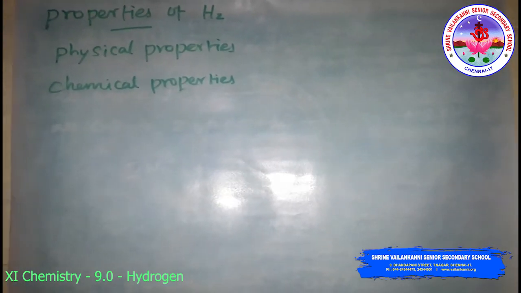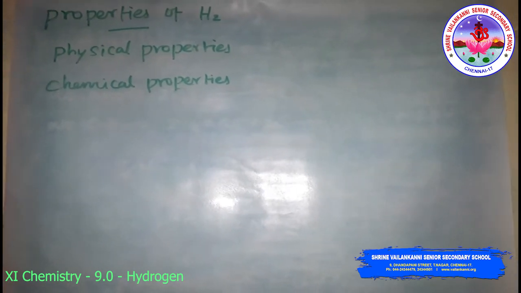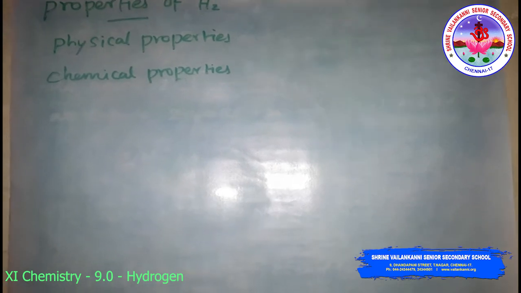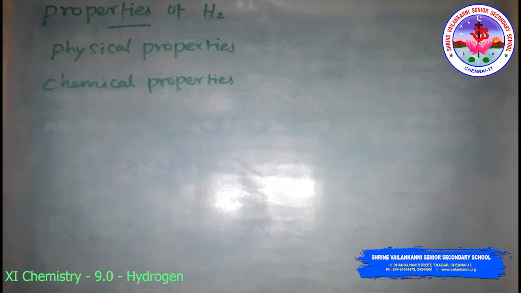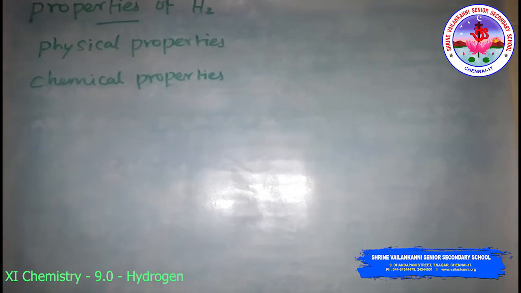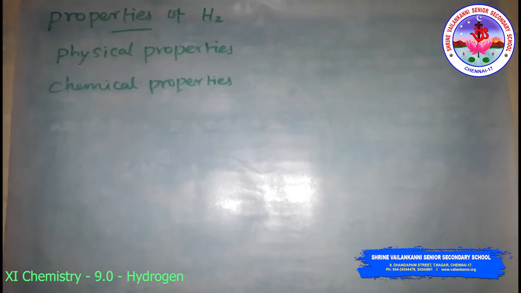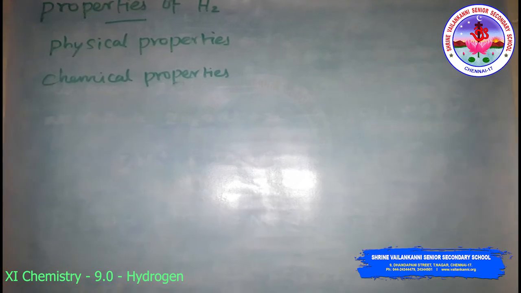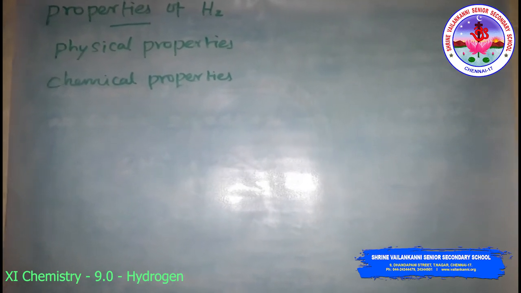Its other physical properties like boiling point, melting point, density, ionization enthalpy, covalent radius and ionic radius are given in Table 9.1 in your textbook. You can see the different isotopes and their properties also given there.